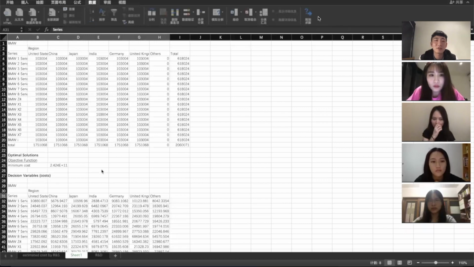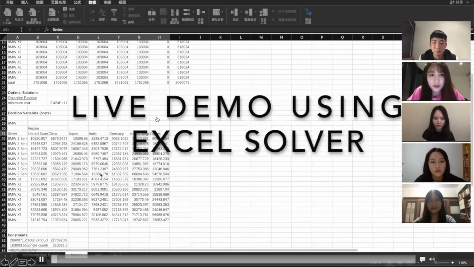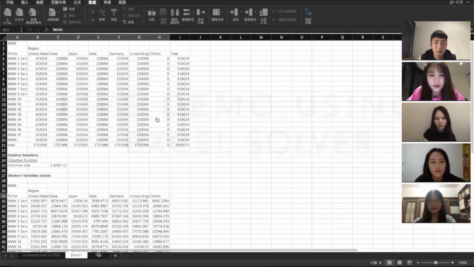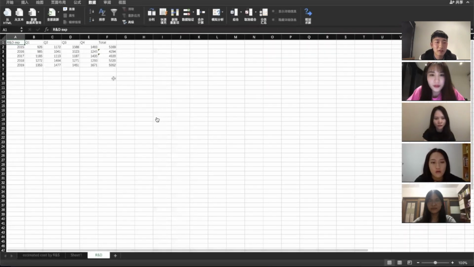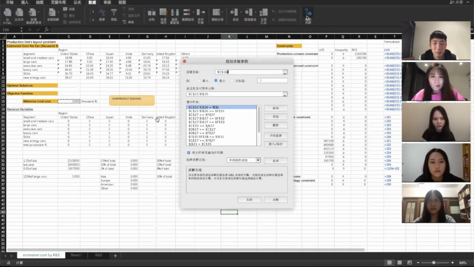Now let's watch the steps that we used in Excel. As we can see in the demo, there is the car production from the past, and here is the price of each series and the regions, and there are our limitations for the cars. And this is our limitation implementation.